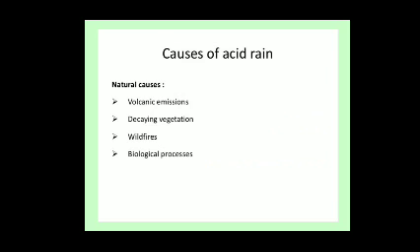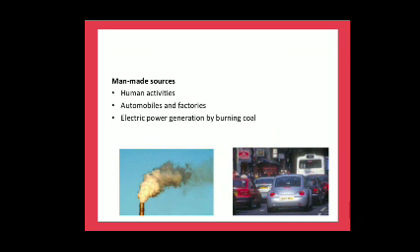Natural causes: volcanic emissions, decaying vegetation, wildfires, biological process. These four are natural causes of acid rains. Man-made causes: human activities, automobiles and industries, electric power generation by burning coal.